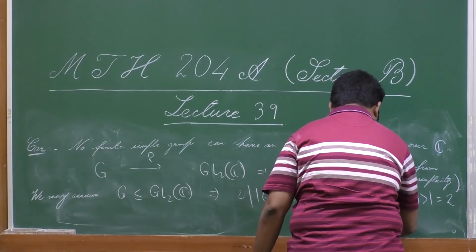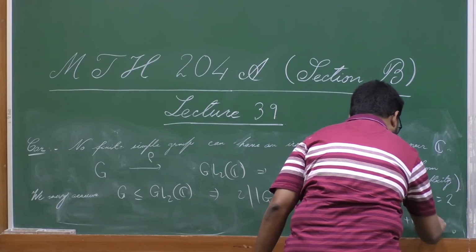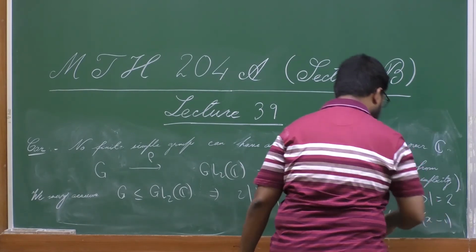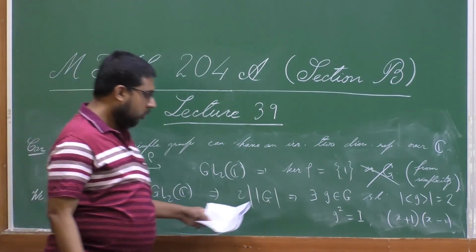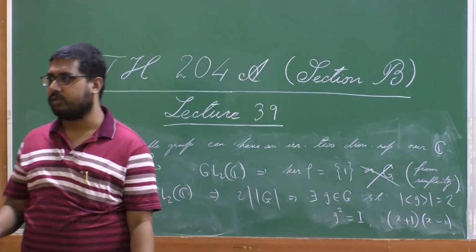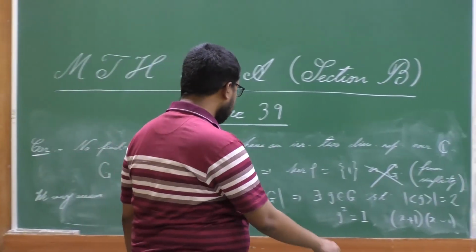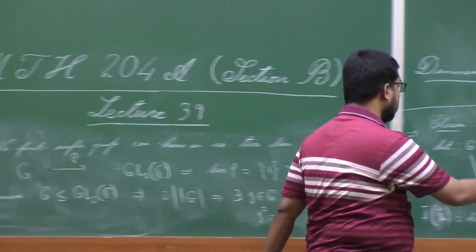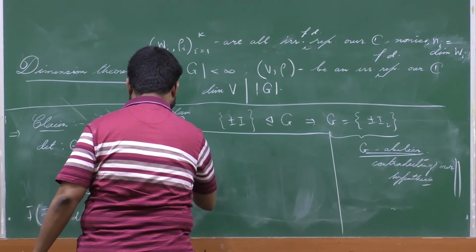So the minimal annihilating polynomial for G would be (x plus 1)(x minus 1). Thus the possible eigenvalues, since G is a 2 by 2 complex matrix, are 1 and minus 1. Here I should say it is enough to show determinant of G is 1.